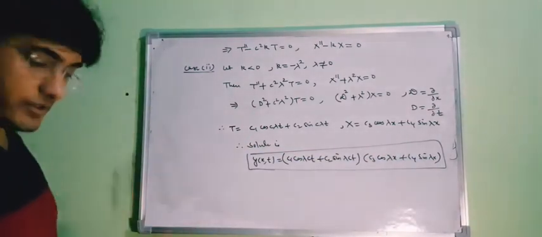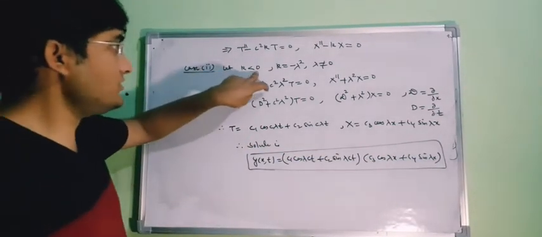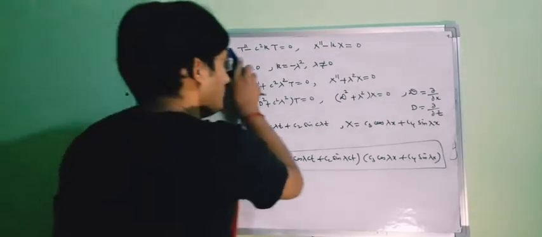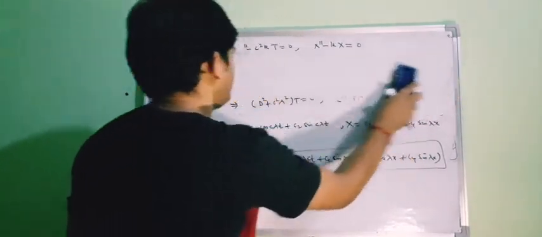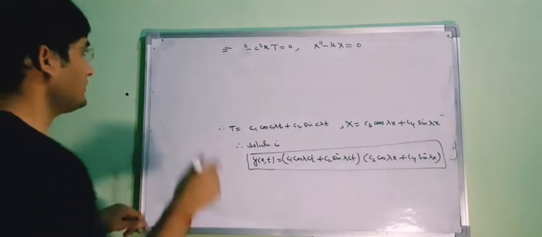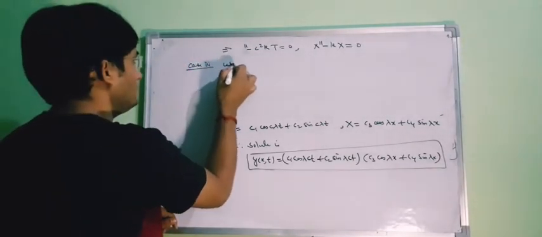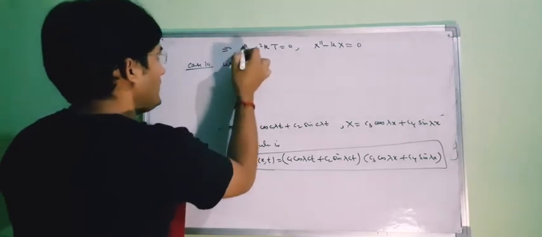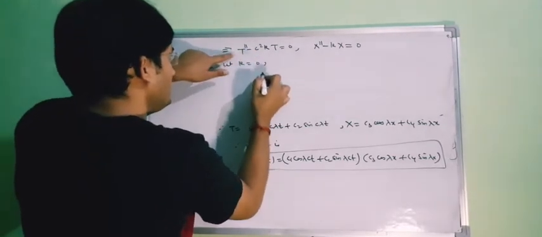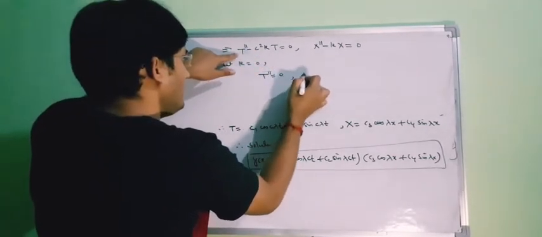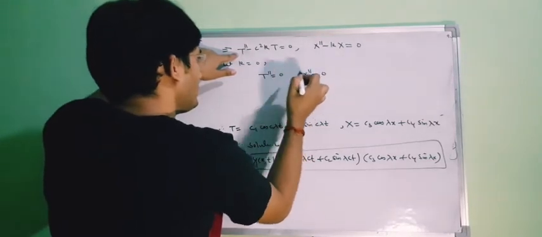Now let us consider case 3, when k is equal to 0. Now if k equal to 0, then from here we will get T double dash equal to 0, and from here we will get X double dash equal to 0.